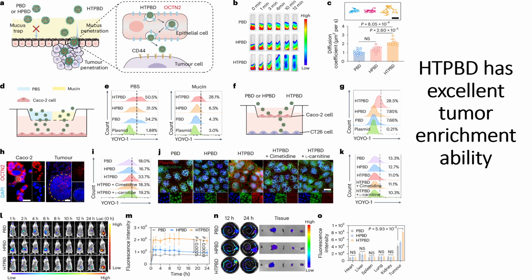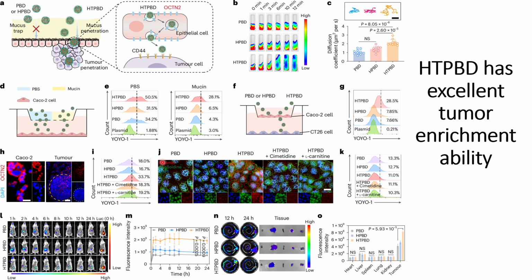And in order to validate this, what they did is they checked these CACO2 cell permeabilities using different systems, that is PBD, HPBD and HTPBD, and then they inhibited this OCTN2 using cimetidine and L-carnitine, and they can see the reductions in the diffusivities of these HTPBDs from 33.3% to 18.3 and 19.2%.